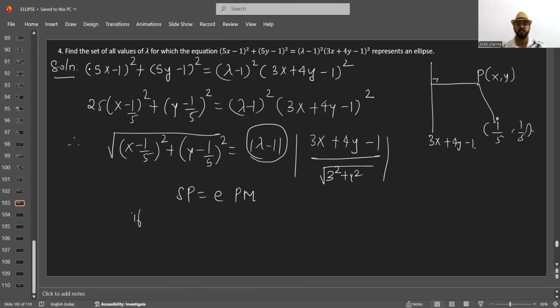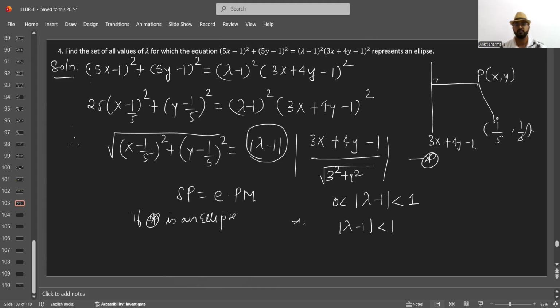So if this is an ellipse, then what should happen? That mod of lambda minus 1 should be less than 1, and it should be, of course, more than 0. So now we'll be solving this one. Mod of lambda minus 1 is always positive, that means we have to take care that it should not become 0.